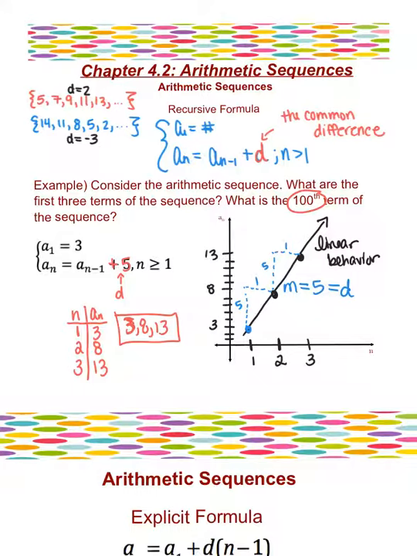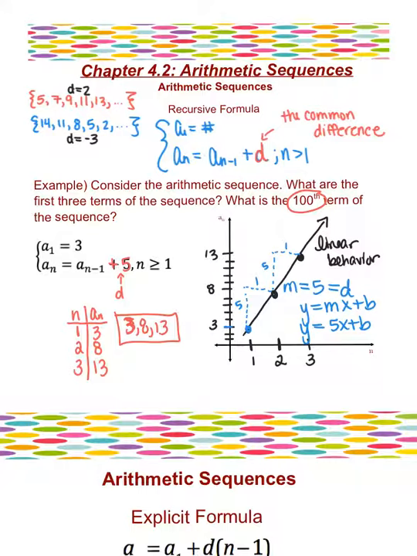So what I'm thinking about is, if this sequence behaves like a linear function, I know how to find the line of this linear function. I could use slope-intercept form, y equals mx plus b. y is equal to 5x plus b, because 5 I just said is my slope. So I need to figure out what the y-intercept would be to find that b value.